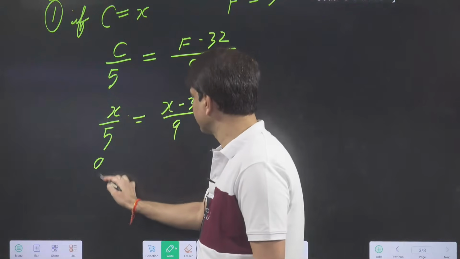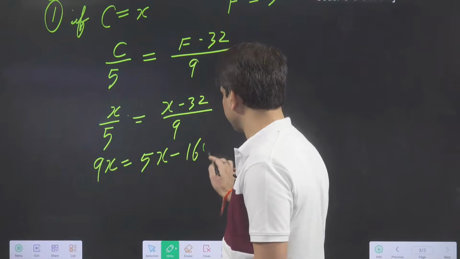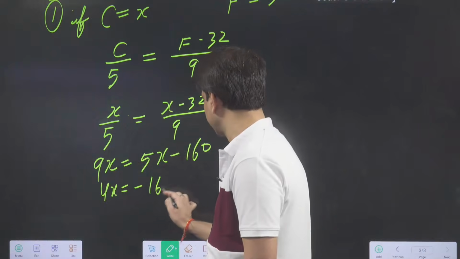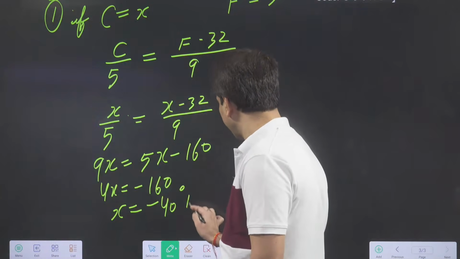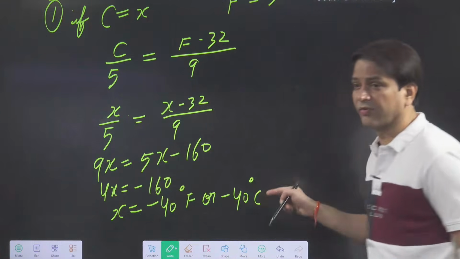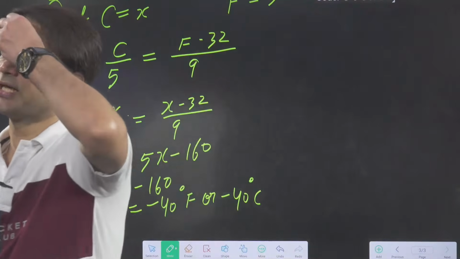Now cross multiplying, 9X is equal to 5X minus 160. Then what you will get? 4X is equal to minus 160. Then X is equal to minus 40 degree F, or you can say minus 40 degree C. So this is the one temperature at which Celsius and Fahrenheit scale will show the same reading.